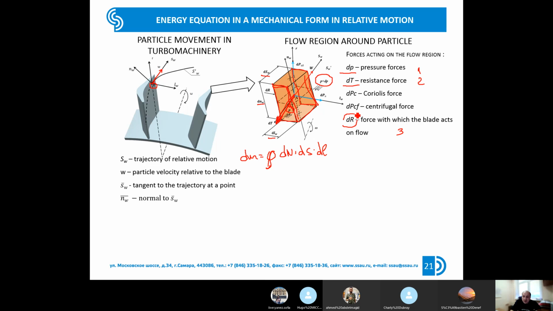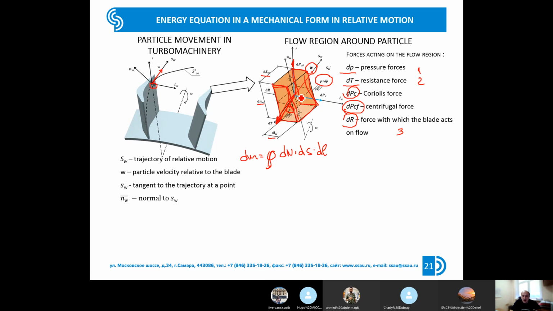We have the centrifugal force, and it's directed along the radius. And this one is the Coriolis force. I remind you that the Coriolis force is directed normally to the axis of rotation, and at the same time normally to the direction of the velocity w.